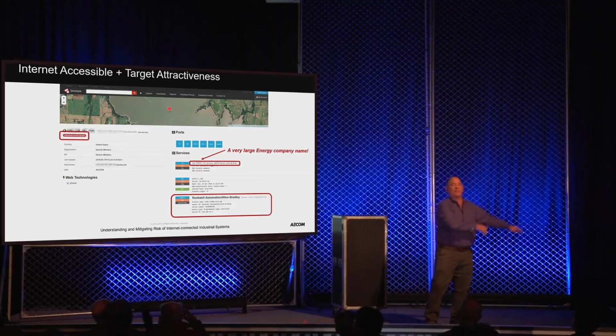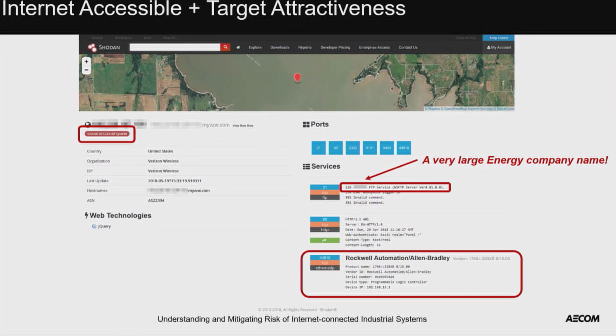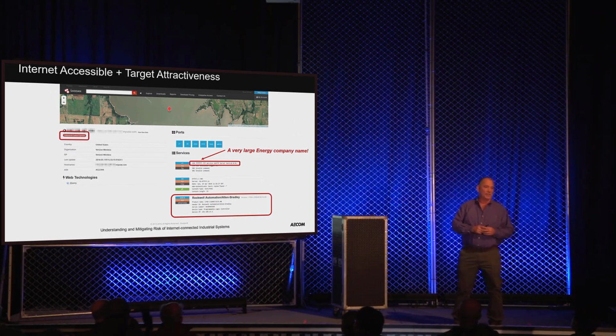How likely is somebody to attack this? Well, if your company name was up there, and since I said it's on the East Coast, let's use somebody like Pacific Gas and Electric. If in this banner, right here, Pacific Gas and Electric showed up on Shodan, you're going to have a lot of people very interested in visiting the site.